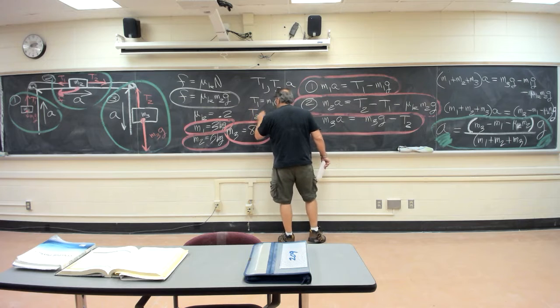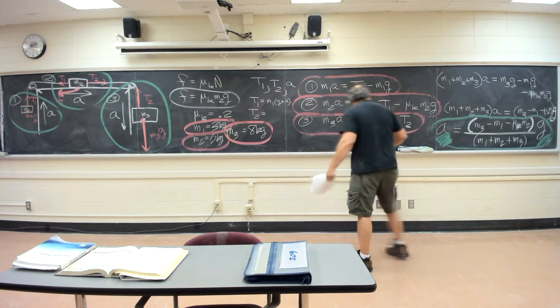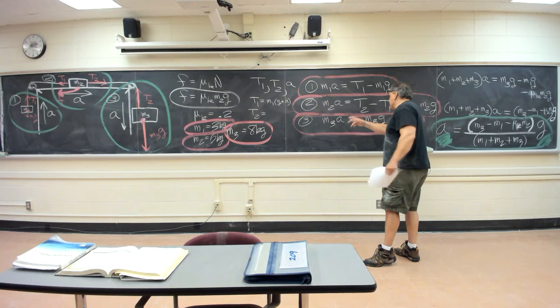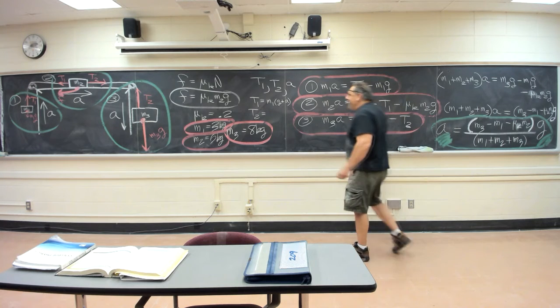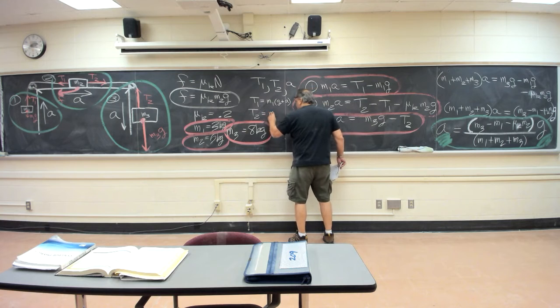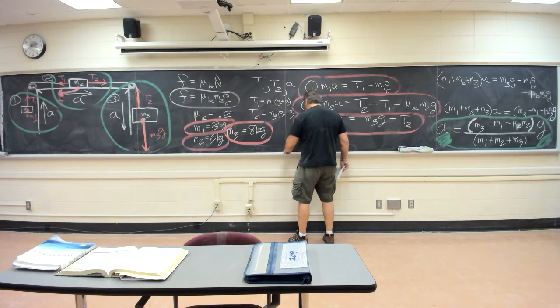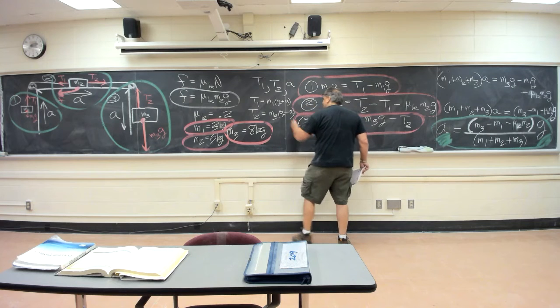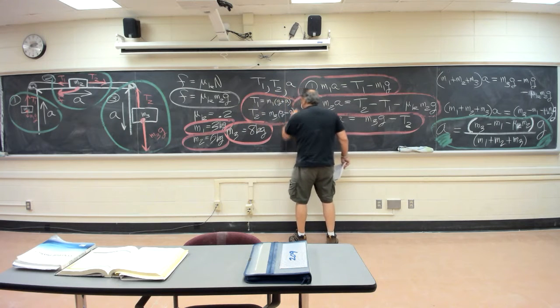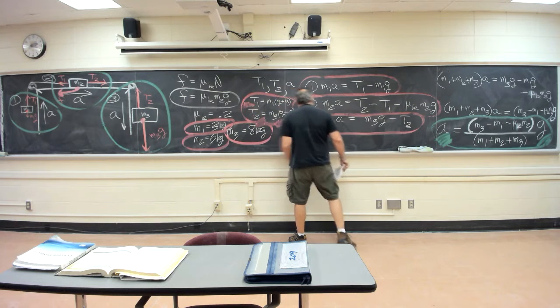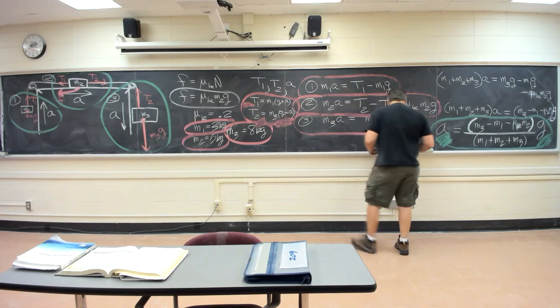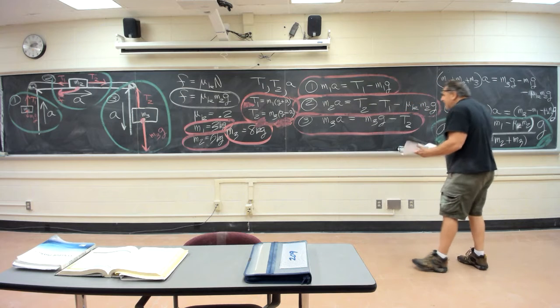And then for T2, go down here, you can add a T2 on each side and subtract M3A on each side. T2 equals M3G minus M3A, or M3 times G minus A, if you want to look at it in a different manner. So this will get you the T2, that'll get you the T1. You already got the A. Let's just put the numbers in there. And actually, that's it on that.